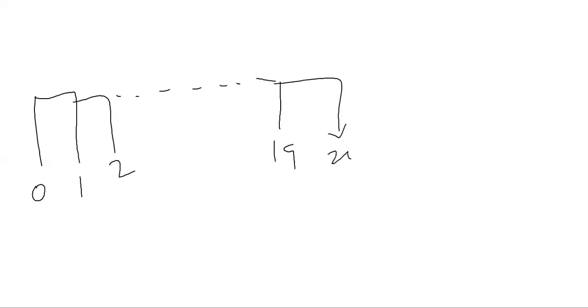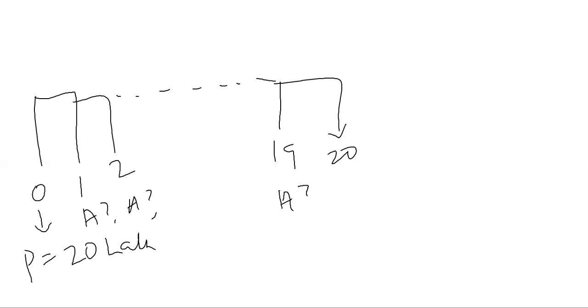So 0, 1, 2, then you put a gap. Then this is your 19 and this is your 20. Remember, loan means your P will come here. Loan of 20 lakh, you have to show the P here. And this is your installment amount. This is the cash flow for this, just a representation of how the money is flowing.